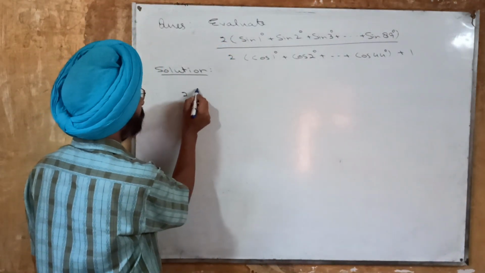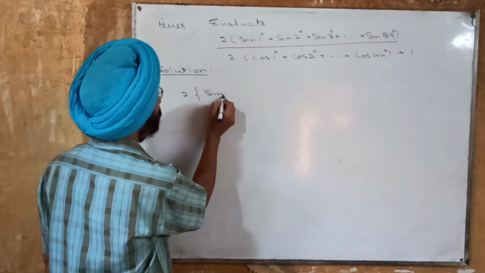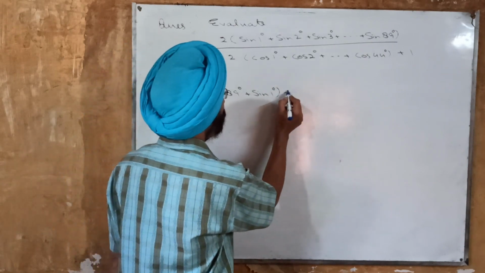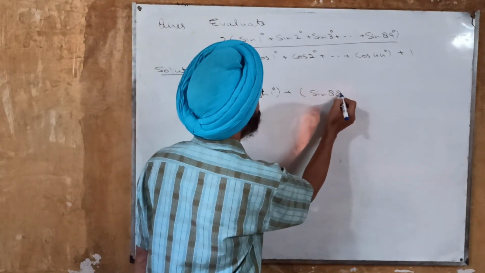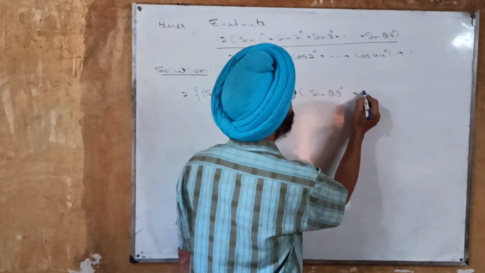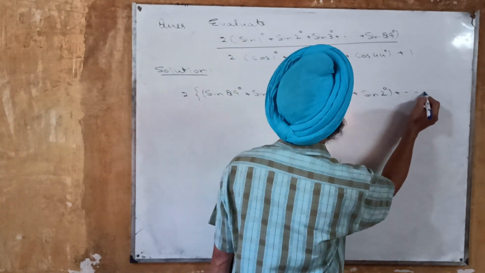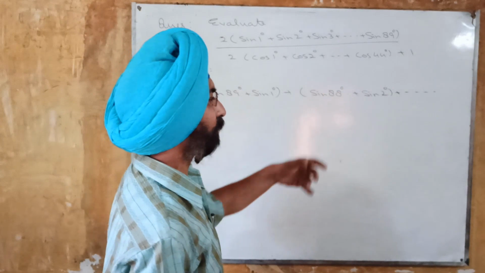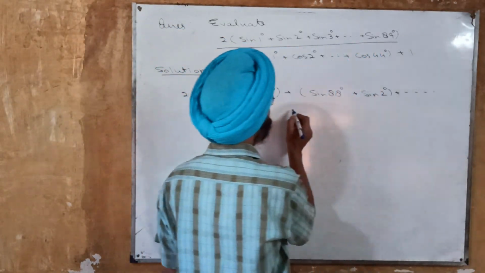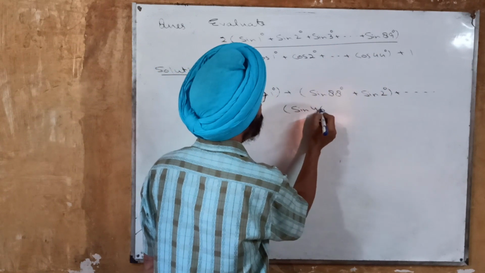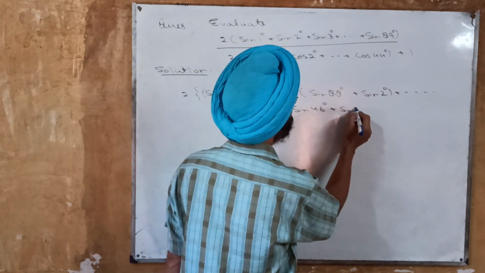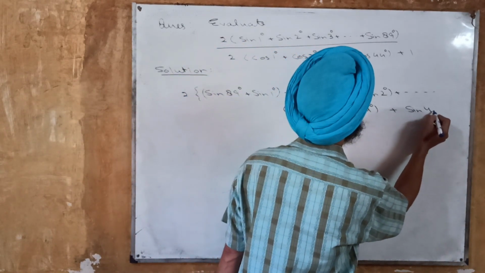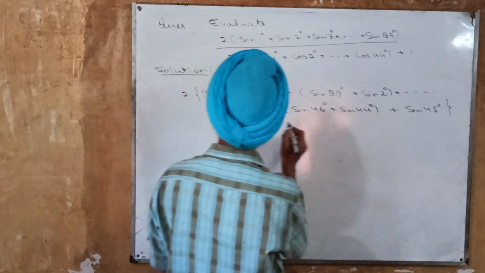You will get 2 times, in the numerator, sin 89 degree paired with sin 1 degree plus sin 88 degree paired with sin 2 degree plus and so on. The last pair will be of sin 44 and sin 46, so I am going to write the last pair, sin 46 degree plus sin 44 degree, and one term will be left, and that is sin 45 degree.